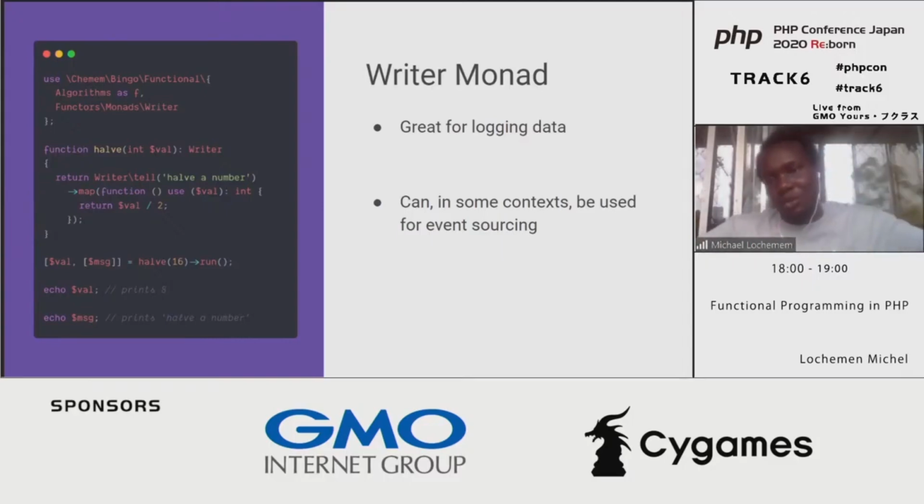So effectively what the writer monad returns is your final transformed value and your logs, really, the logs for everything that happened throughout the use of that monad. So yeah, really great tools to use.